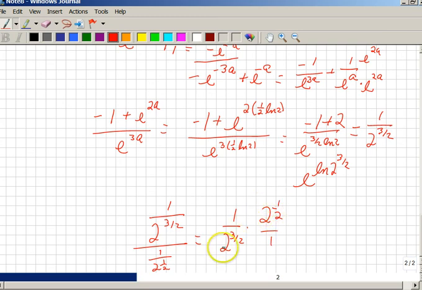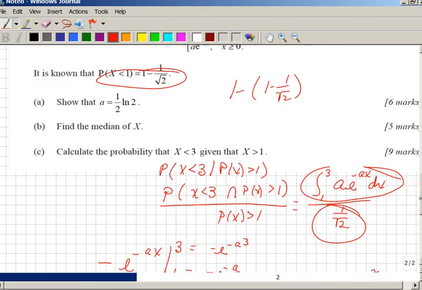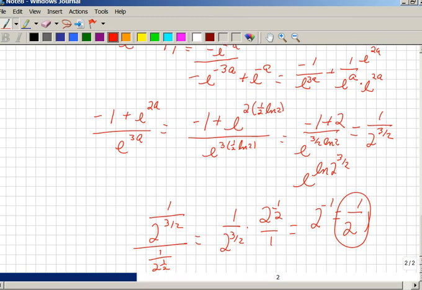We have the same base of 2, top and bottom, so we subtract the powers. That's going to be 2 to the negative 1, and 2 to the negative 1 is 1/2. So that's the conditional probability: the probability that x is less than 3 given that x is greater than 1. Not hard, but I can see why that's worth 9 marks. It's awful messy, but if you just stick with it, you're going to get the right answer. Well, finally, this problem is done.